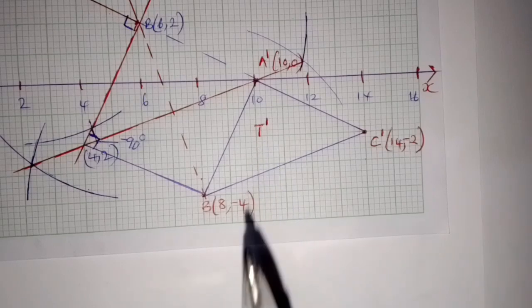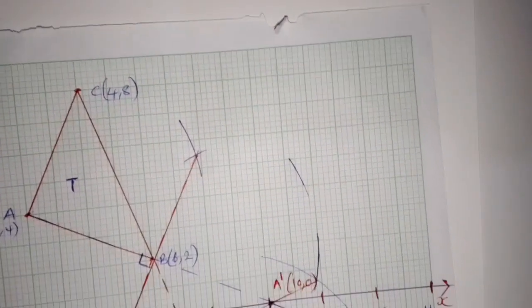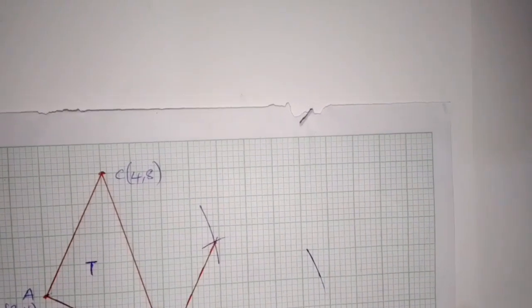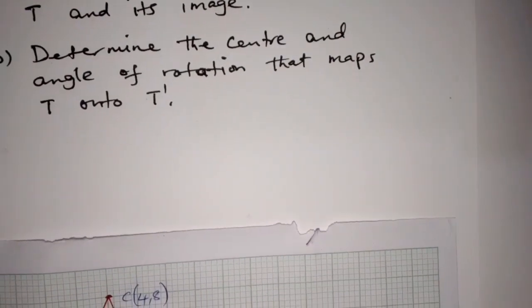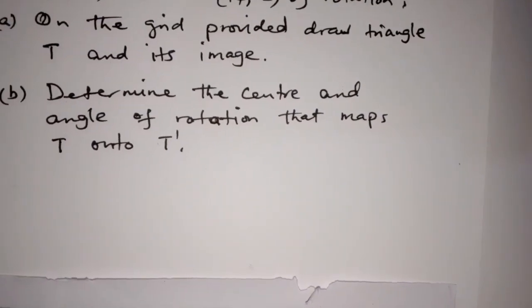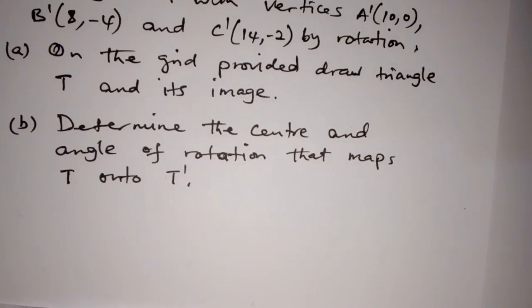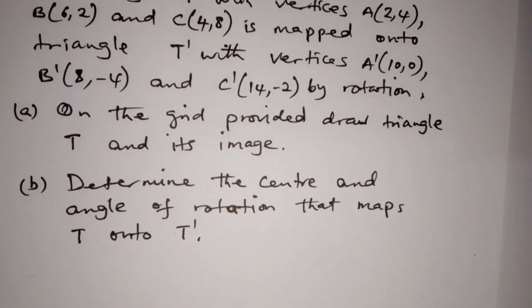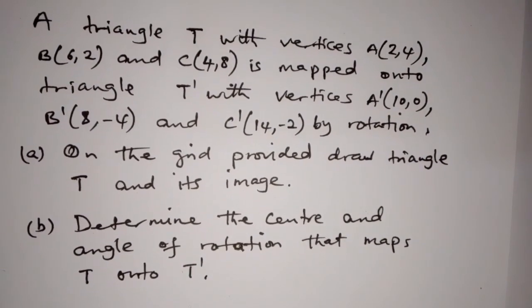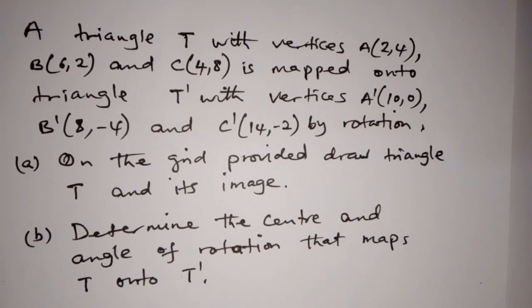That is part A. Then part B. Part B. Determine the center and angle of rotation that maps T onto T prime.